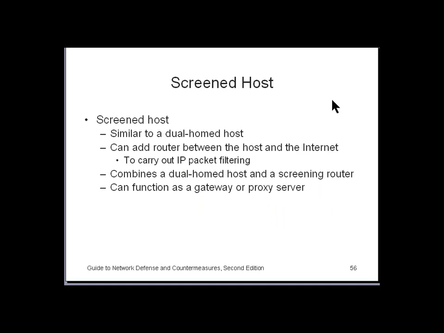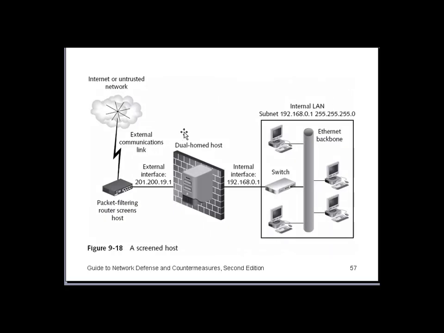Now we have something called a screened host, which is similar to a dual homed host, where we can add a router between the host and the internet to carry out IP packet filtering. And it can function as a gateway or a proxy server. So here we have our simple packet filter right here. Notice that this has the external IP address of this.